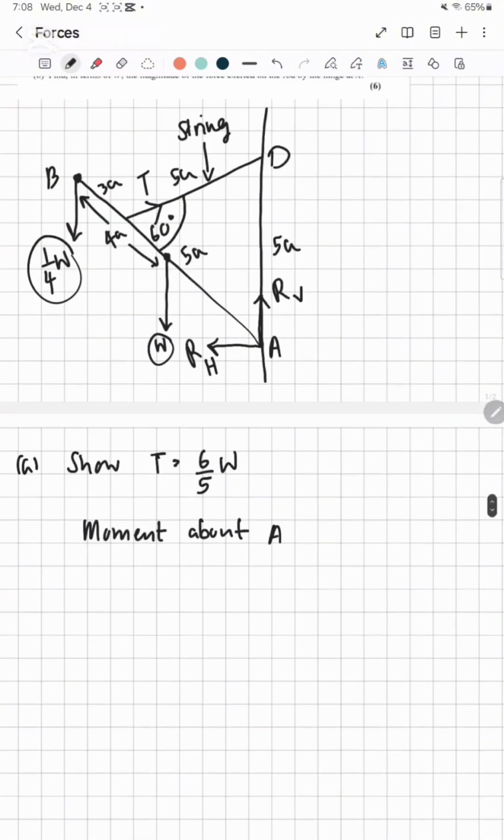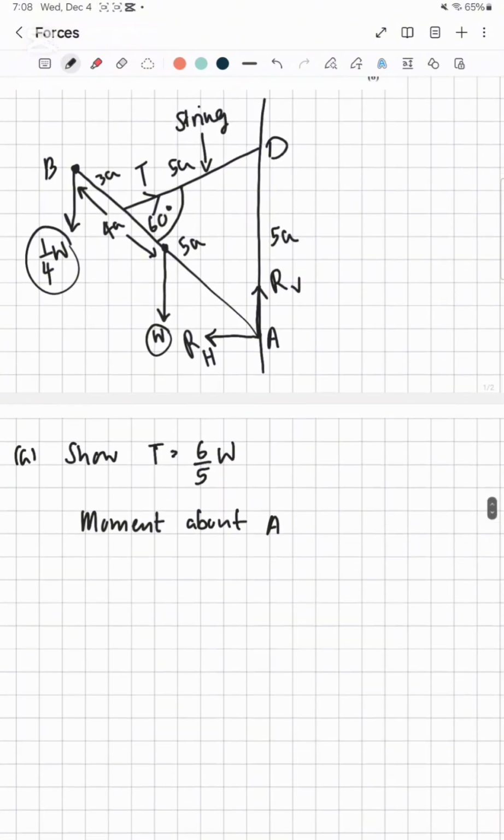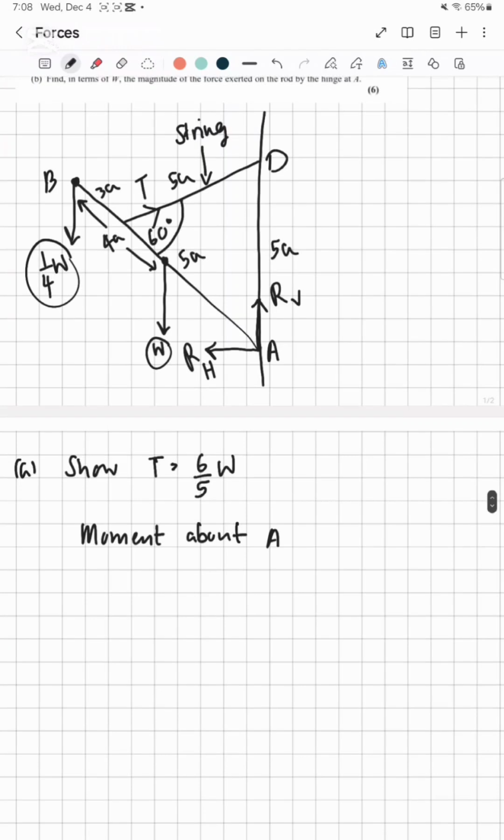Now, we're taking moments about A, right? So we'll take the weight at B, 1/4 W, into the perpendicular distance. You know, moment equals force into perpendicular distance.